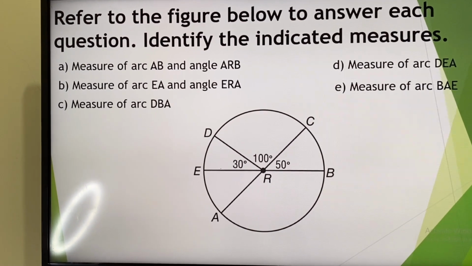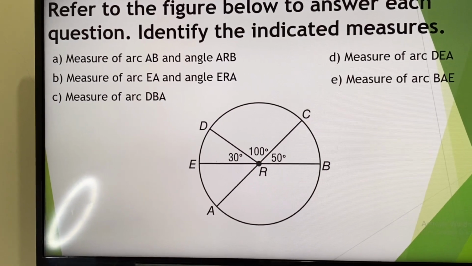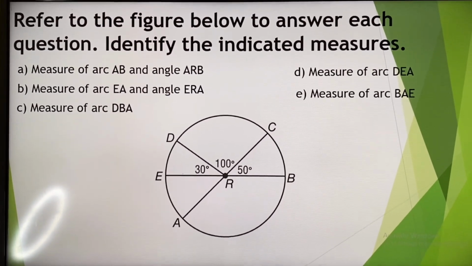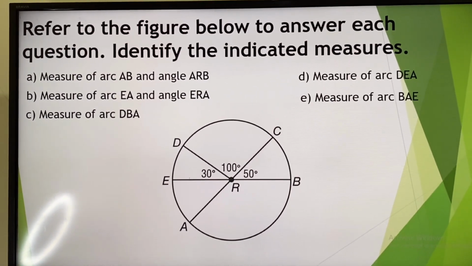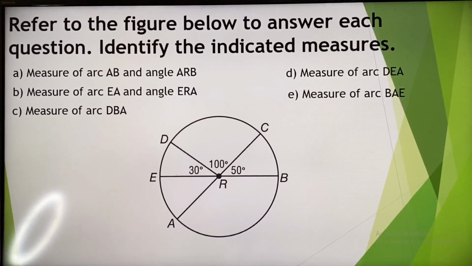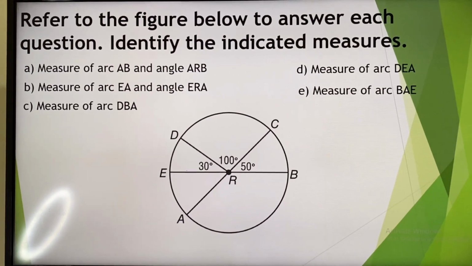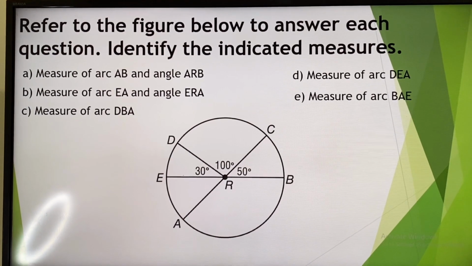Then letter B, measure of arc EA and angle ERA. And then letter C, we have measure of arc DBA. Then letter D, we have the measure of arc DEA. And letter E, measure of arc BAE.